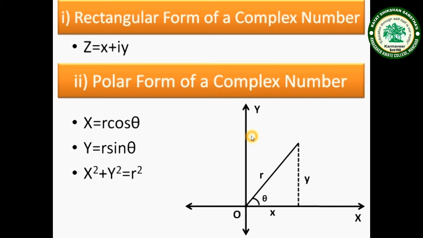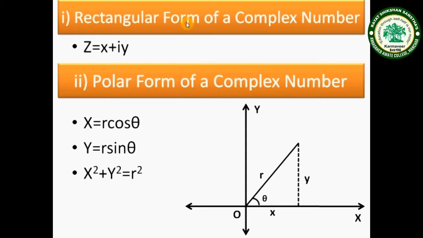When we write the number in terms of a, b or x and y, where the second term is multiplied with i while the first term is without any i, this particular representation is said to be the rectangular representation or form of a complex number.